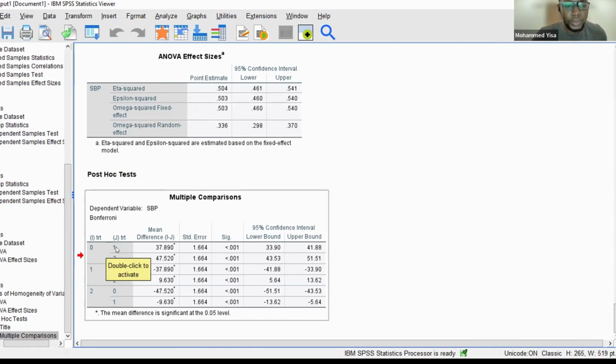the old drug. The old drug brings about a decrease in blood pressure of around 37.9 millimeters of mercury, and this is the confidence interval for that. Then the new drug compared to placebo brings about a mean blood pressure drop of 47.5 millimeters of mercury.